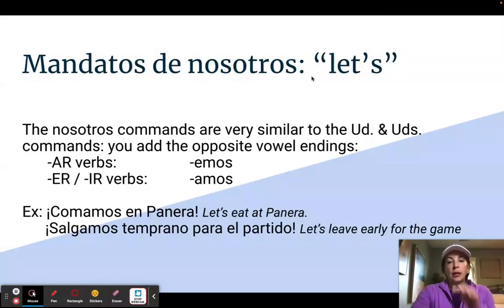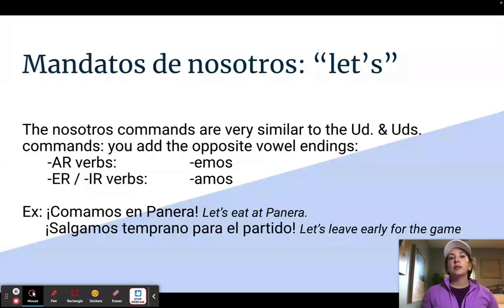Okay, so then we also have the mandatos de nosotros. These are let's commands. So if you're saying to yourself and someone else, let's do this. Same concept. You're going to take the opposite vowel ending. So for the usted and ustedes, it would be the same ending, except for ER and IR, and it's the same concept with nosotros.